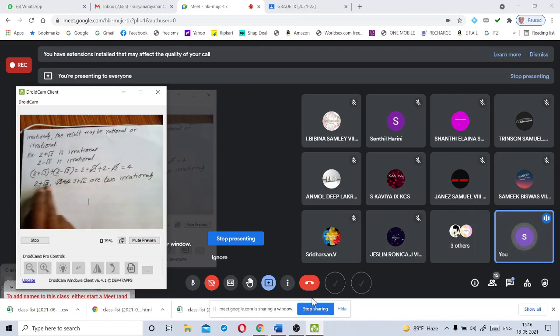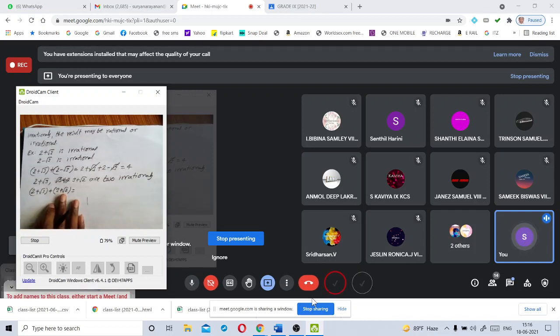If we add these two numbers, 2 plus root 3 plus 3 plus root 2, let us see what is the result we get here.